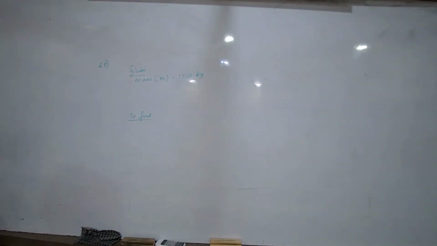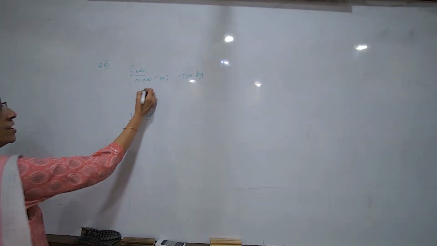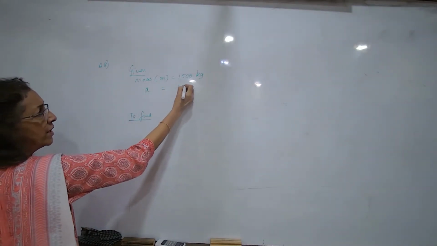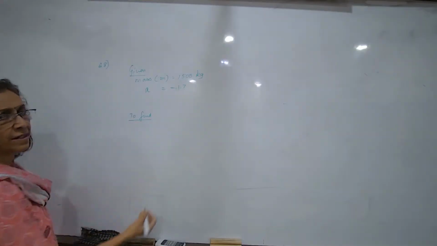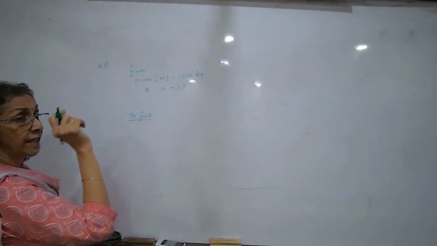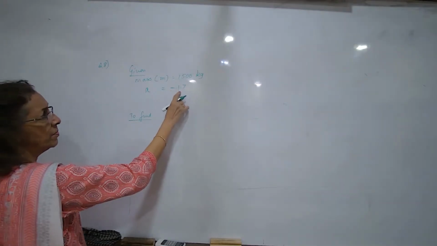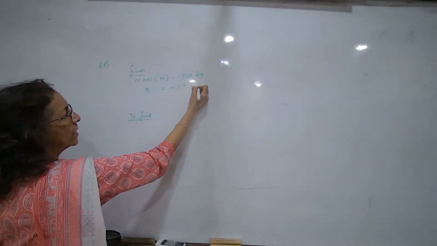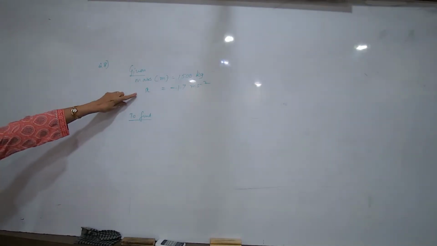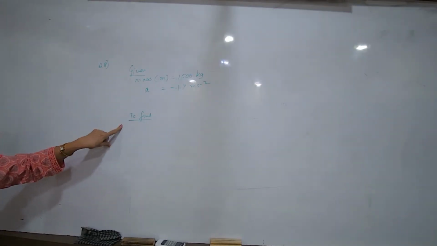Minus. Yes. Acceleration, and what is the number they have given? 1.7. It's a negative acceleration. Understood? So we know M, we know A. What should we find? Force.